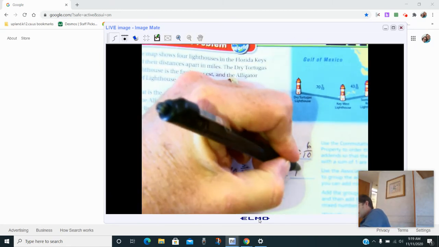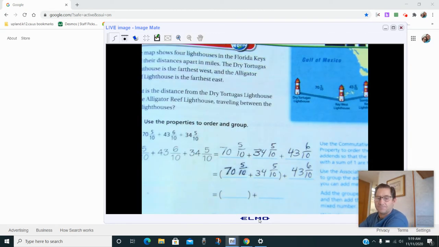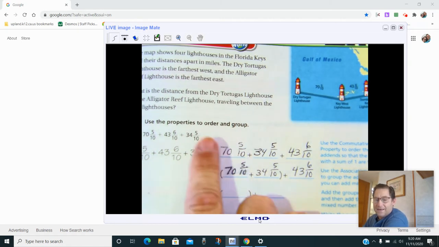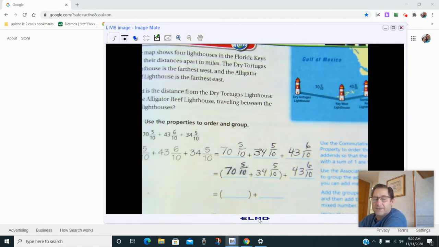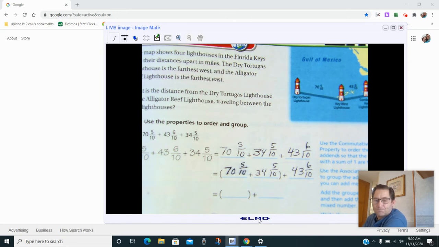And then we'll add 43 and 6/10. Just keep in mind that technically, even without these symbols, we should add left to right. Okay, when you only have addition or subtraction, we just go left to right. But the associative property and the grouping symbols tells us do that first.